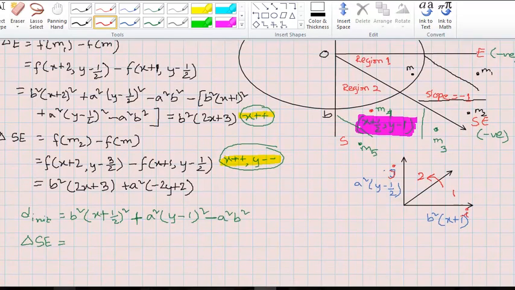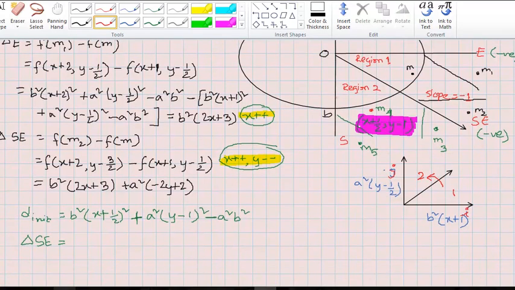Now we compute for region 2. For region 2 we'll have another 2 sets of equations. First we find d initial, where the midpoint for region 2 is x plus half, y minus 1, and we plug in the values and get this equation for the d initial. Same way we can calculate the values for SE as well.